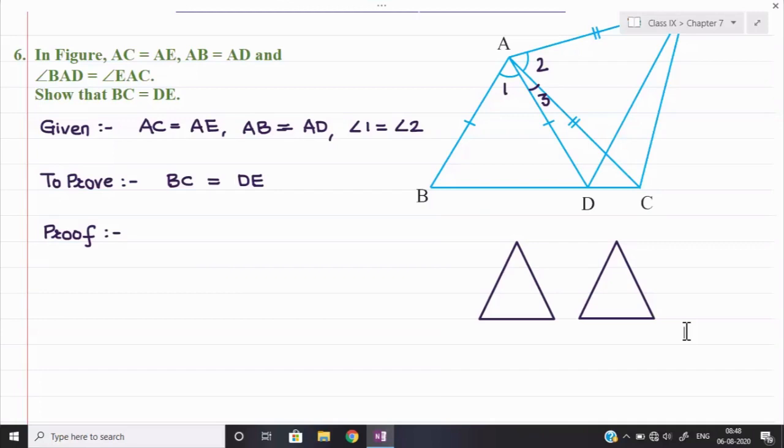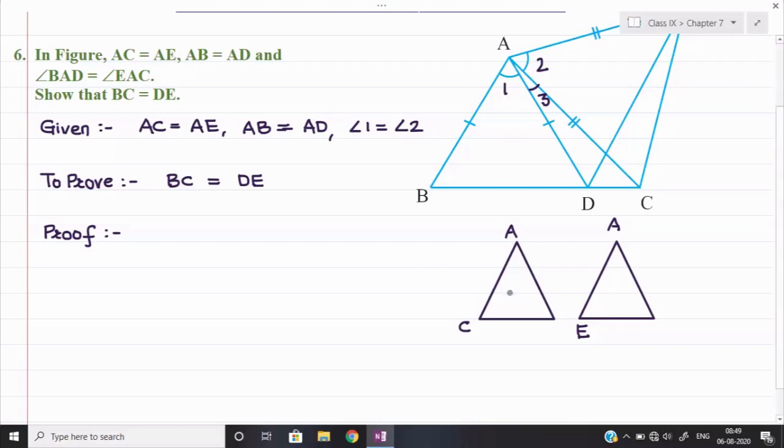In the given, you observe AC and AE are given equal. So suppose I place them here, it may require rubbing out afterwards, changing any one vertex and placing the right one. But we need to start anyhow. So here I am placing AC and here I am placing AE. Observe, whichever side is given equal, I am considering in these two triangles as one of the corresponding pairs. The second thing we have given here equal is AB equal to AD.